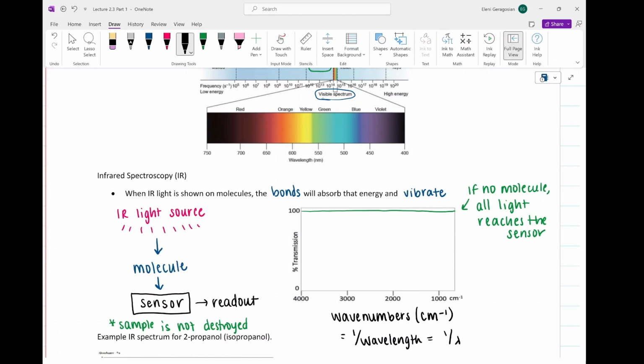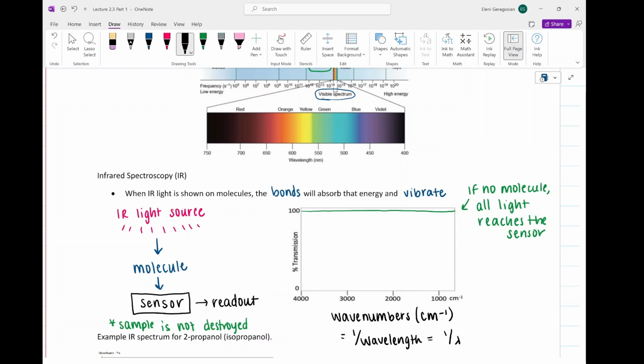So different wave numbers or wavelengths or different energies of light in the IR spectrum are shown on the molecule. If there is no molecule, theoretically, all that light would reach the sensor and you'd have 100% transmittance.